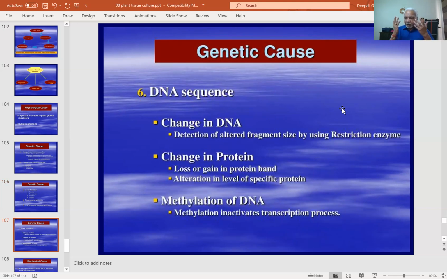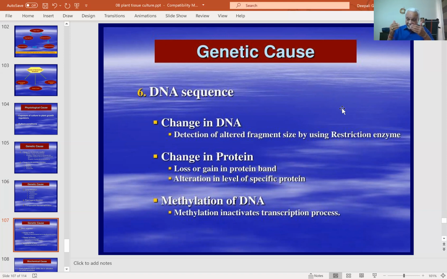Another cause is the DNA sequence. It can change the DNA, it can change the protein, and the DNA can undergo methylation. All these processes I have explained to you in my preliminary lectures: how a change in sequence can change the gene quality and affect the proteins, and how methylation affects gene expression, basically.